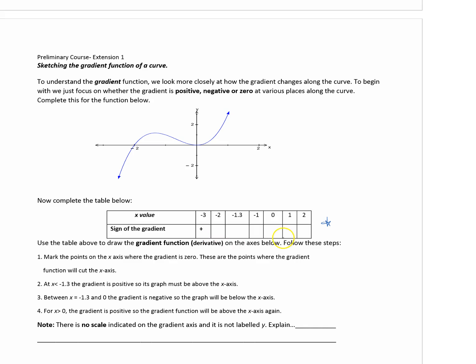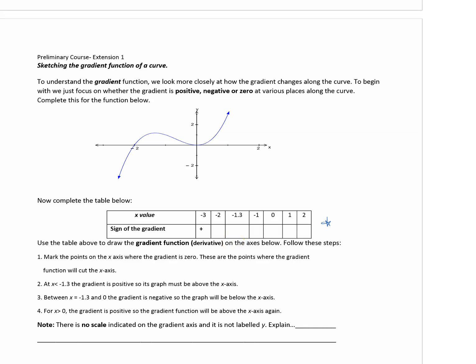And we'll then use that to construct it. It won't be an exact gradient function because all we'll have is whether it's positive or negative. We won't know the exact size of it being positive or negative.